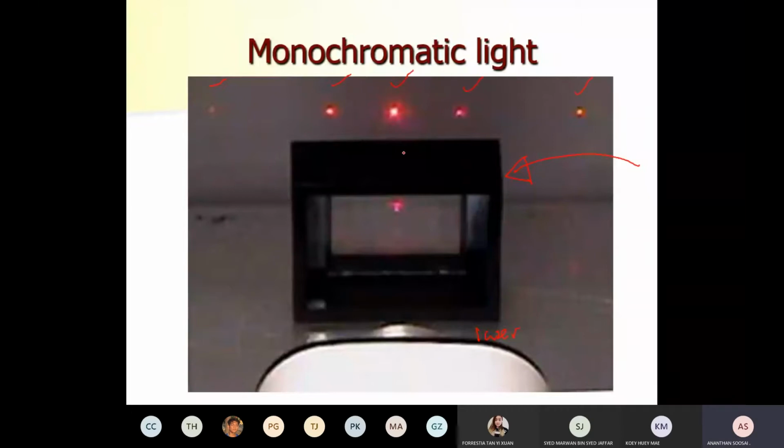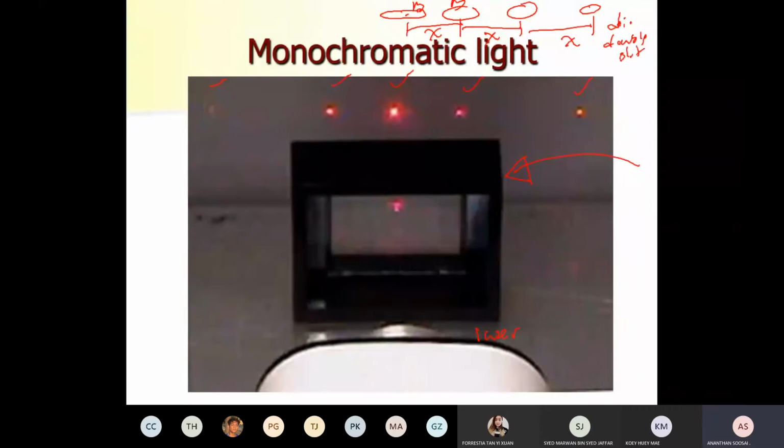The diffraction grating image is different from the double slit image. Why? In the double slit image, the pattern is bright, dark, bright spots, equally spaced. If the bright to bright separation is X, then all bright to bright separations will be X. But for the diffraction grating, the separation is different.